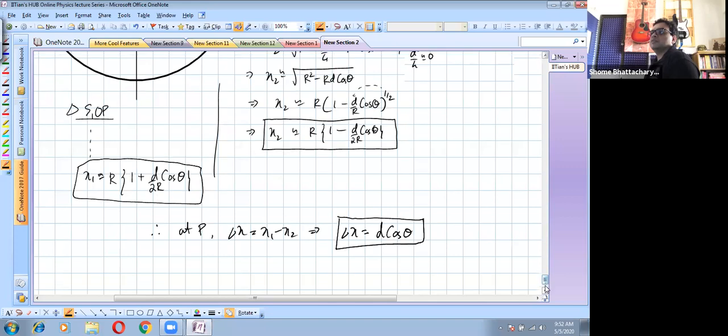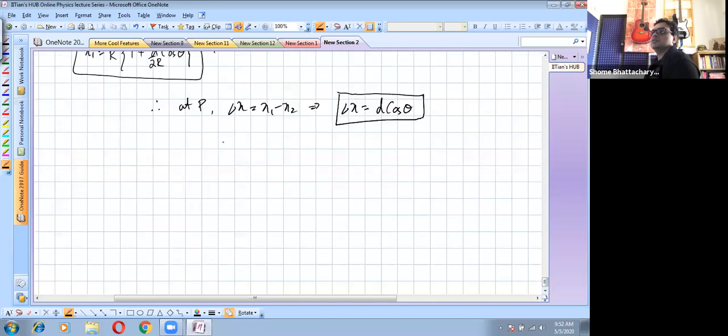So you will see that for constructive interference, your delta x is 3 lambda, 2 lambda, lambda or 0, whereas d itself is 3 lambda.